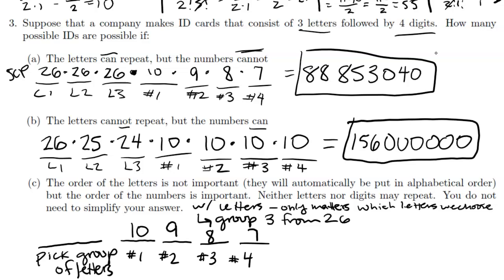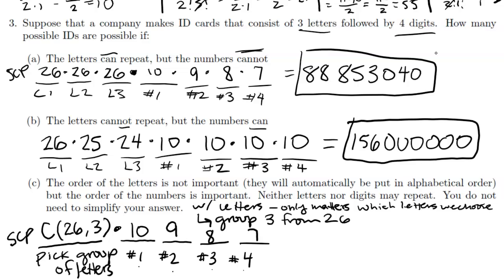For the letters, though, to pick a group, we're actually going to use a combination. So from 26, we're going to choose 3 of those. Now, to put all of this together, we do have multiple events, right? Pick the group of letters, and then number 1, 2, 3, and 4.